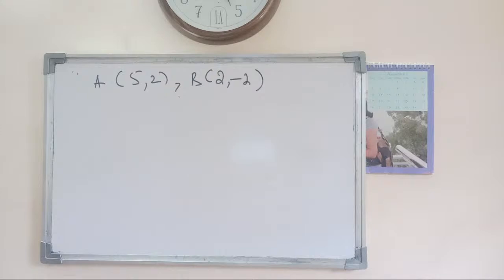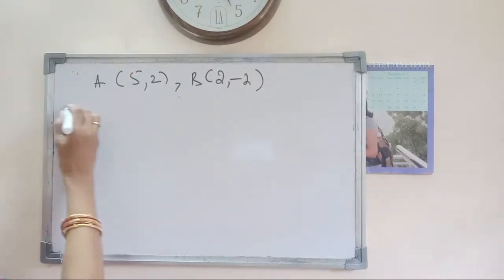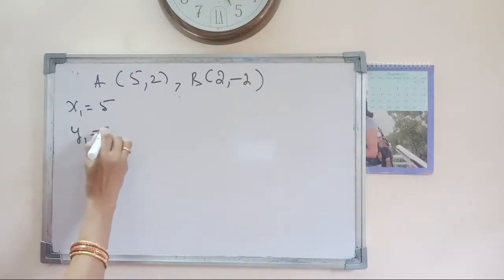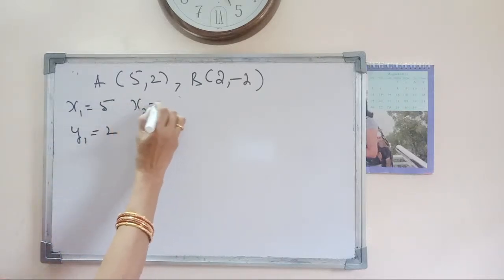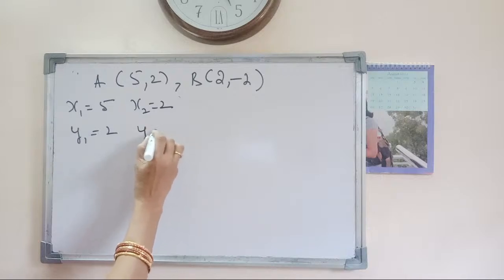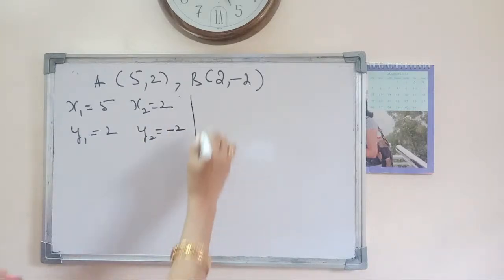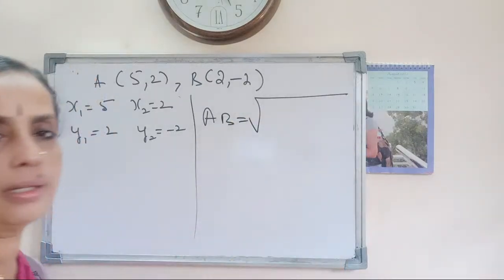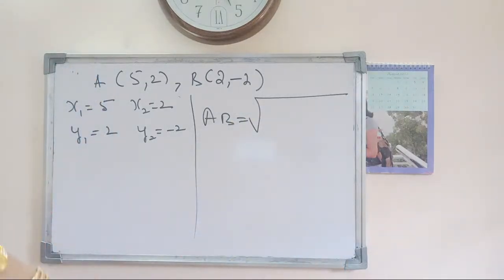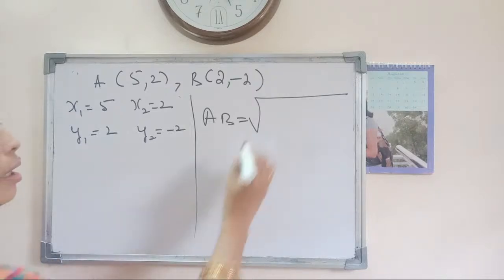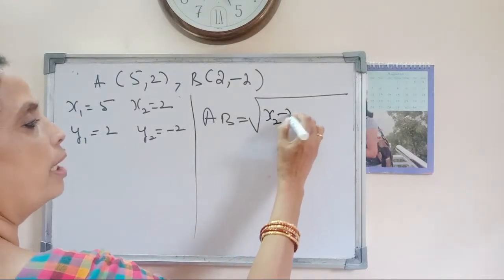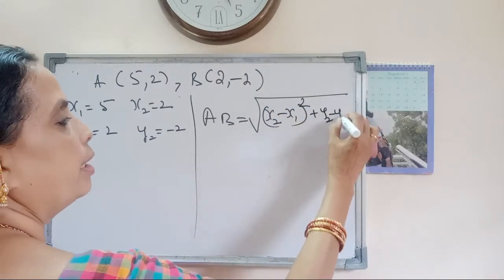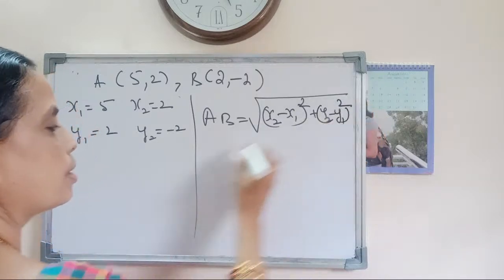So before applying the formula, let us write what is x1, what is y1, x2 and y2. Now apply the formula. Distance AB equals, repeat the formula because you still have other formulas to remember, root of (x2 minus x1) whole square plus (y2 minus y1) whole square.